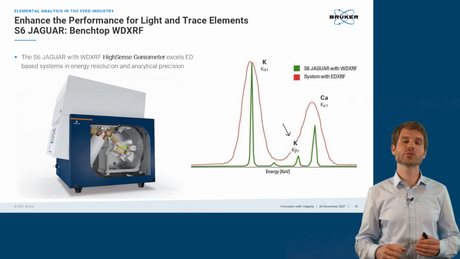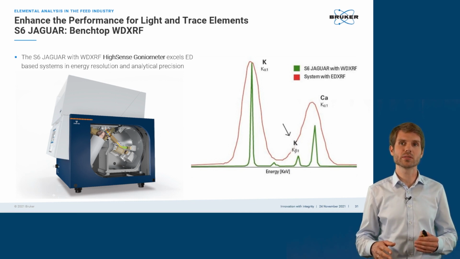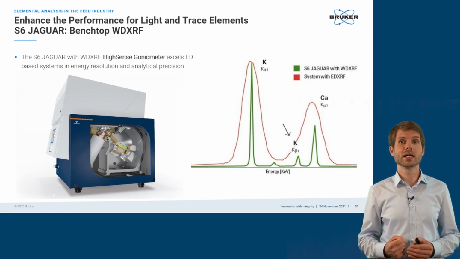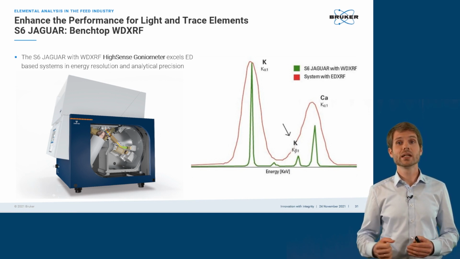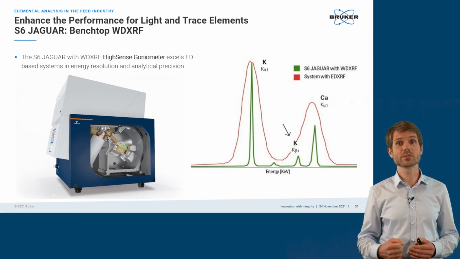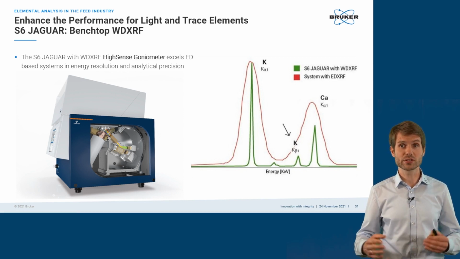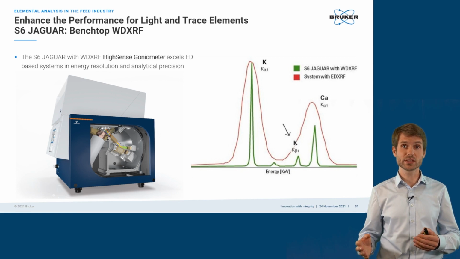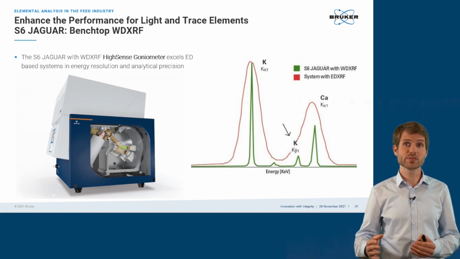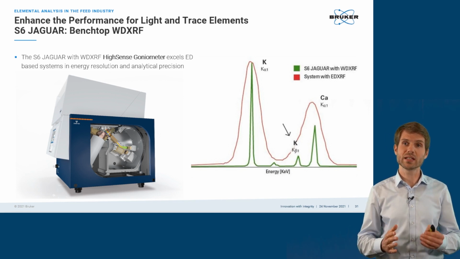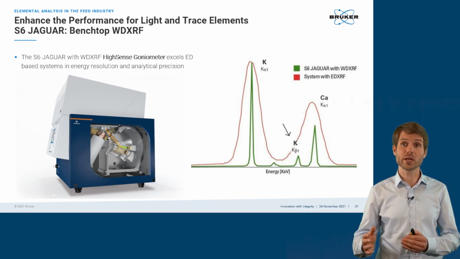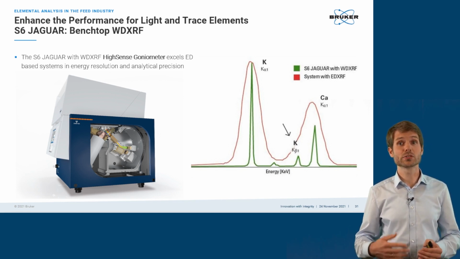However, there are some cases where energy dispersive systems come to a limit, and this is when wavelength dispersive come into play. Here we really introduced a new class of systems with the S6 JAGUAR, which is a benchtop wavelength dispersive system. Wavelength dispersive means, just to cut a long story short, you have an analyzer crystal that allows you to separate the incoming photons by their wavelengths.